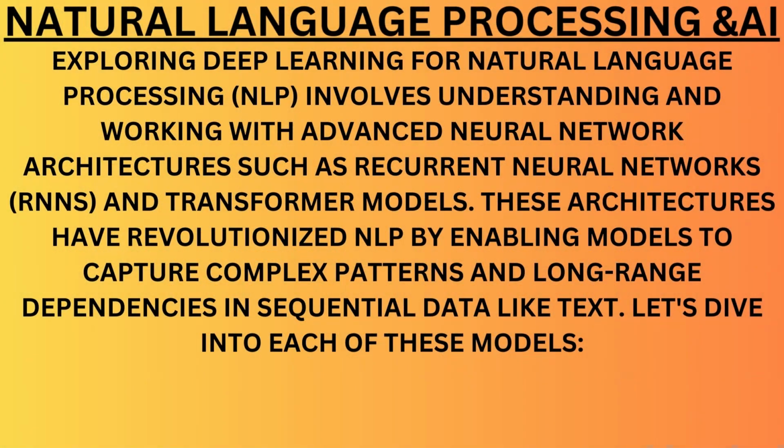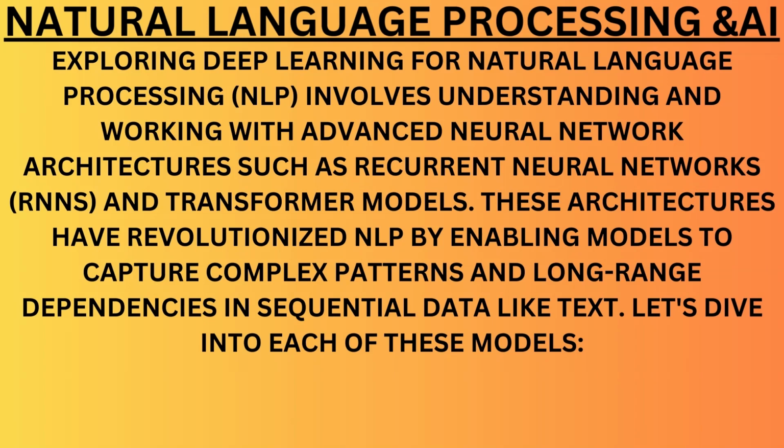Exploring deep learning for natural language processing involves understanding and working with advanced neural network architectures such as recurrent neural networks (RNNs) and transformer models. These architectures have revolutionized NLP by enabling models to capture complex patterns and long-range dependencies in sequential data like text.